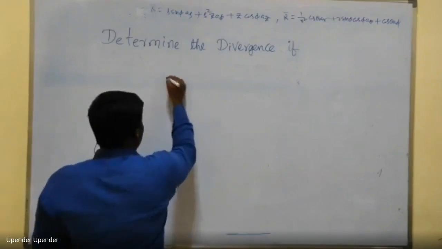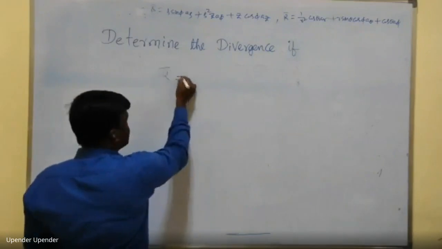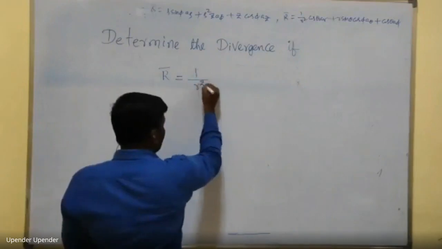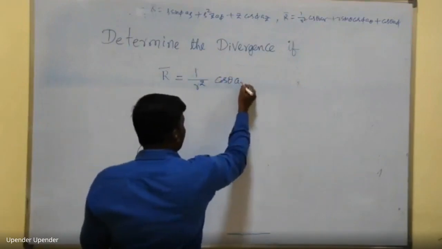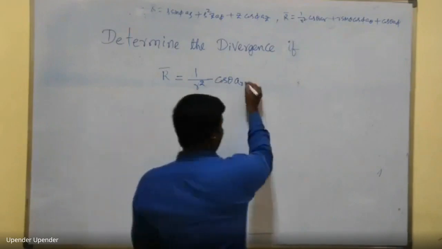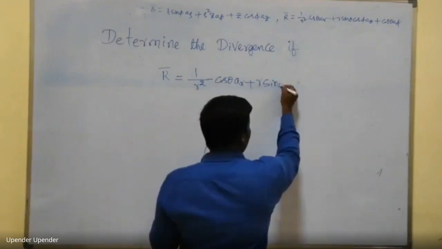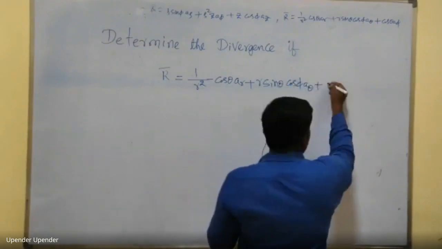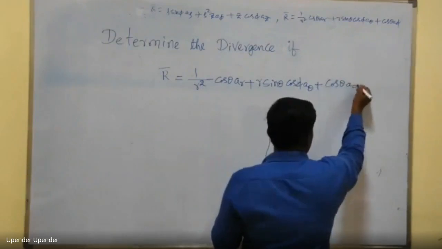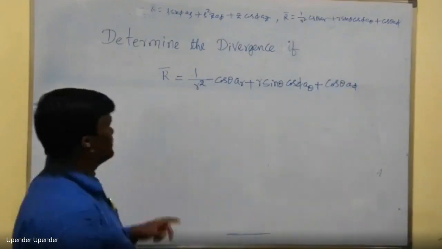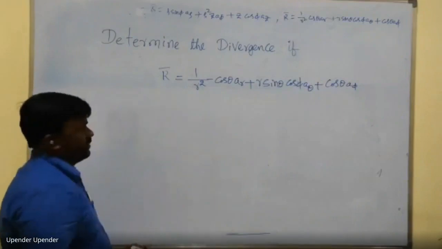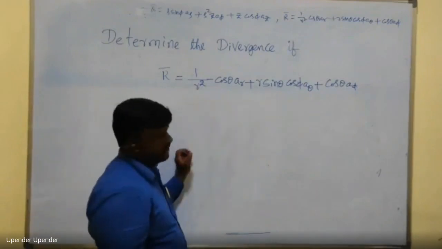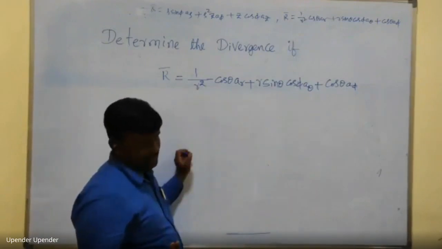Now R bar is given as 1 by r square cos theta ar, plus r sin theta cos phi a theta, plus cos theta a phi. That is the given R bar. We can take any vector in terms of r, theta, phi if we want to determine the divergence in spherical. Clear?